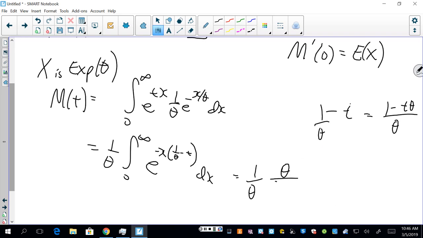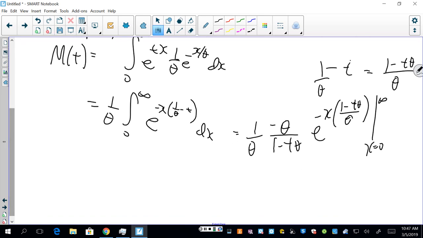So there's 1 minus tθ, and there's a negative because of that negative there. But then there's negative x, and you get the 1 minus tθ over θ there. And we evaluate that whole thing at x at infinity, and then minus at that other part. At infinity, because of the negative over here, the 1 over infinity is again like 0.